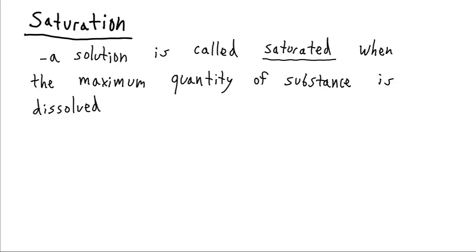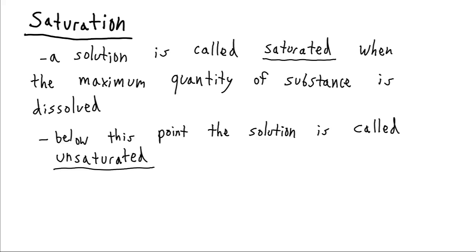And supposing we have reached that point where we have the maximum quantity of solute dissolved in our solvent, then we say that that solution is saturated by the solute. And we also define the term unsaturated to mean anywhere below that point, where we have less of the solute than would be needed to reach that saturation condition.